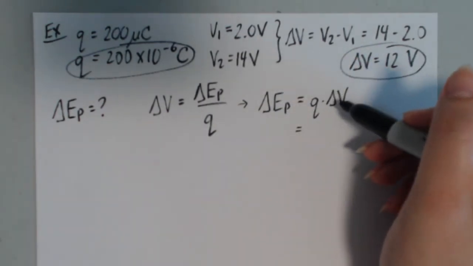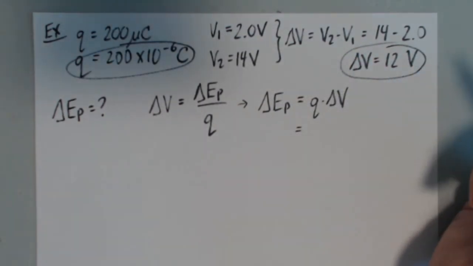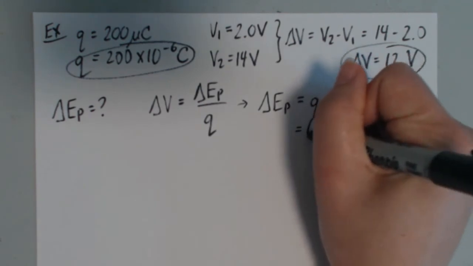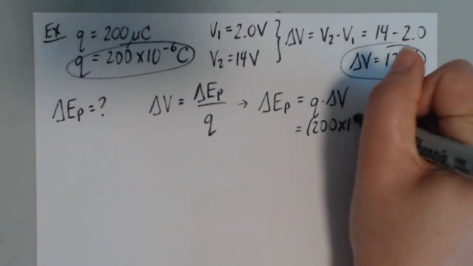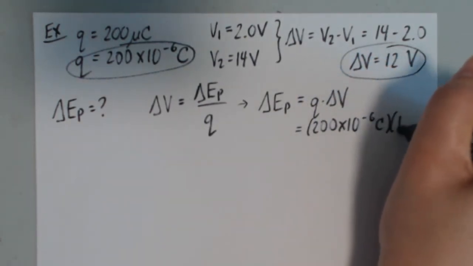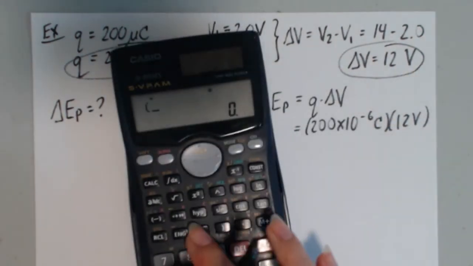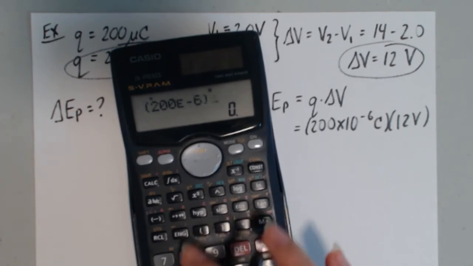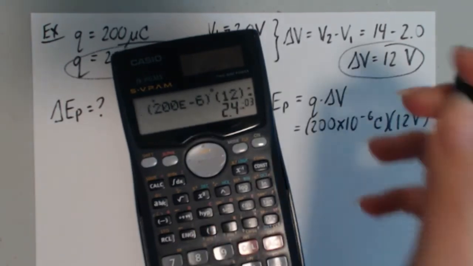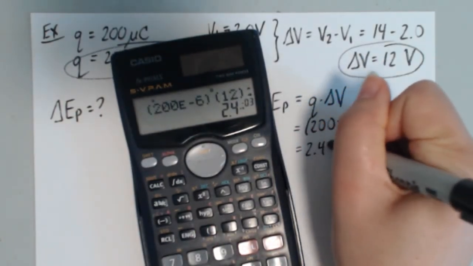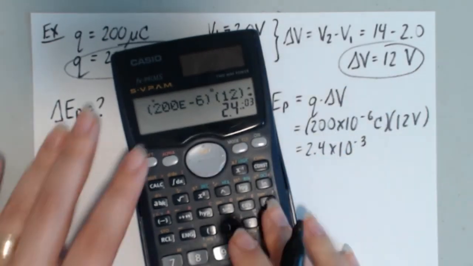Sometimes this is just called V, sometimes it's called delta V, which I know gets confusing, but it's just how it is. 200 times 10 to the minus 6 coulombs times 12 volts. All right, so what do we get? 200 times 10 to the minus 6 times 12. 2.4 times 10 to the minus 3.